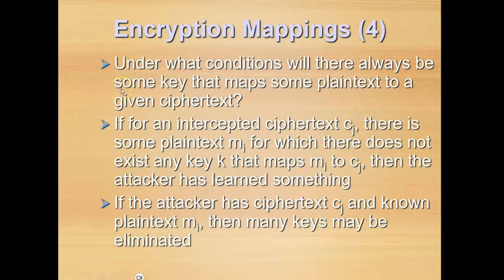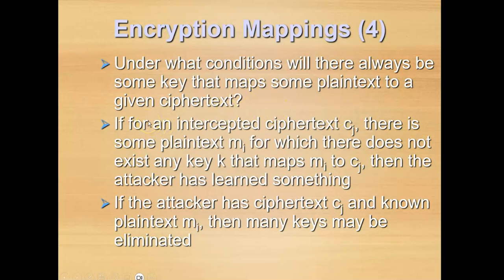So the attacker may easily learn information if they have this pair of keys, ciphertext and plain text messages. They are trying to find out in which conditions there will always be some key that maps some plain text to a given ciphertext.